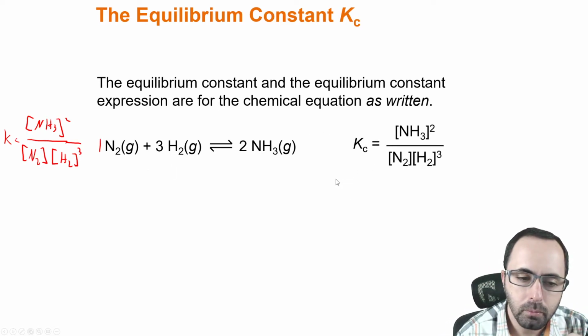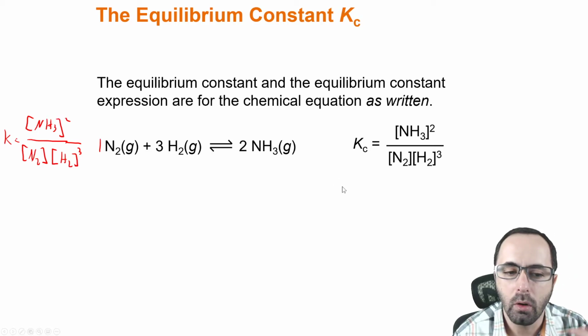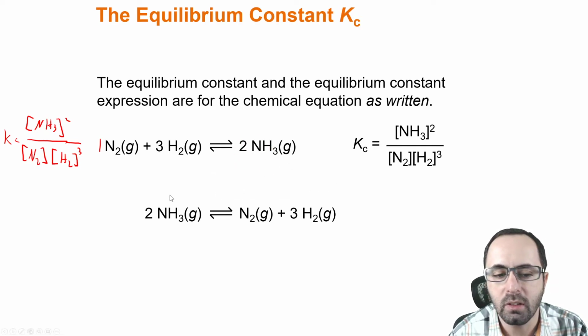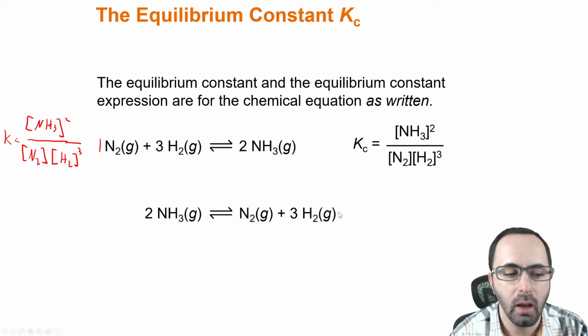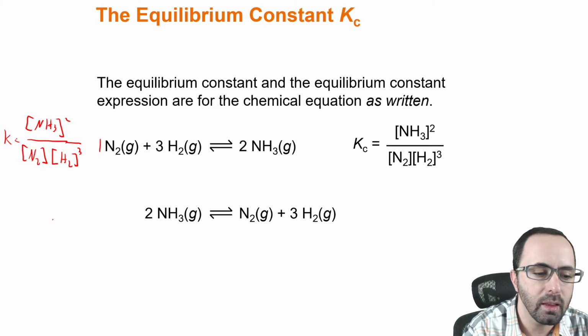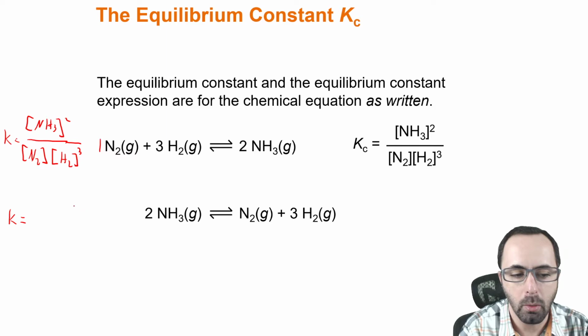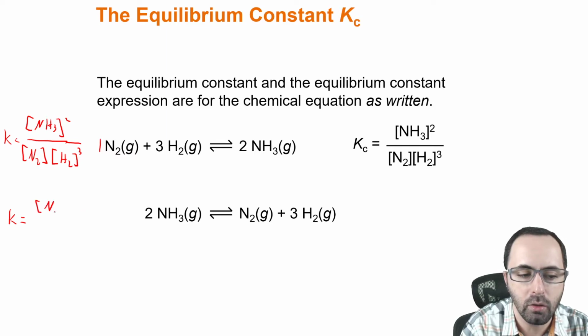Now, what if we now reversed this reaction? So now we reverse the reaction. So now the ammonia is on the reactant side, and the products here are the nitrogen and the hydrogen. Well, to get the K of this reaction, we would put the products here, which would be nitrogen, and then also hydrogen on the top, hydrogen concentration.